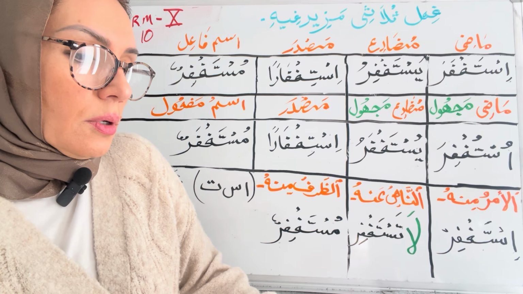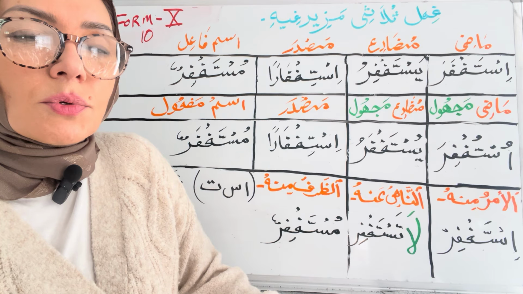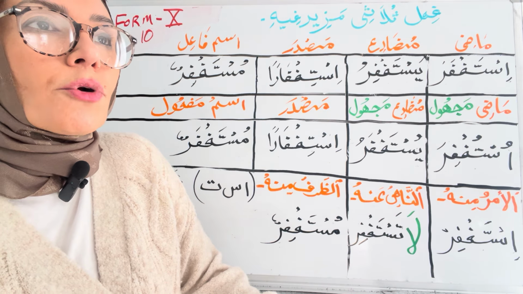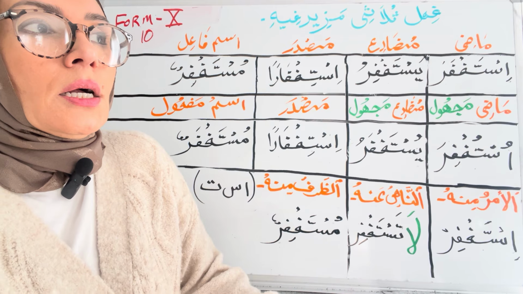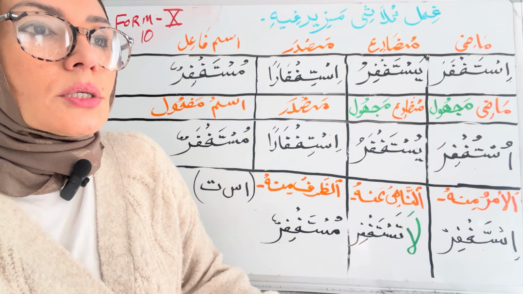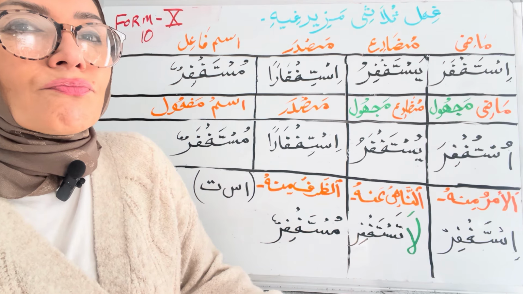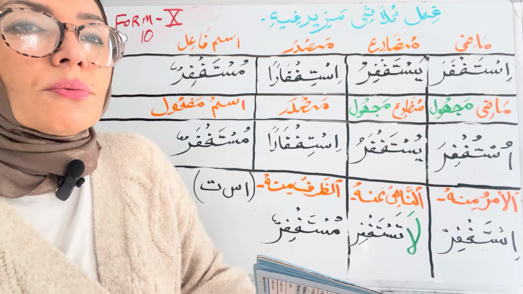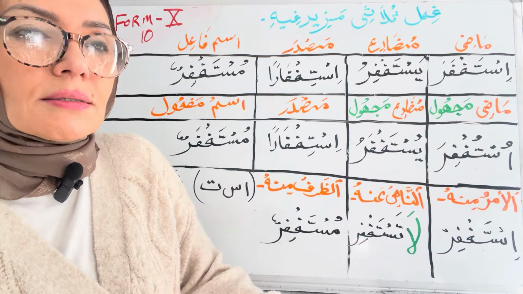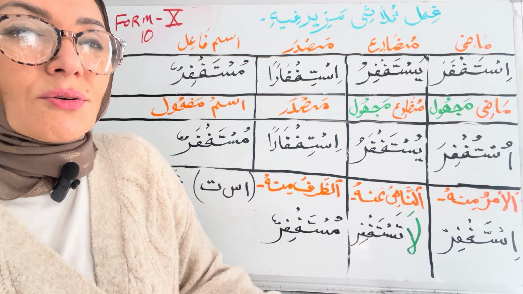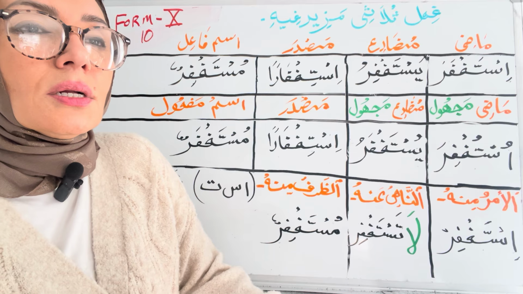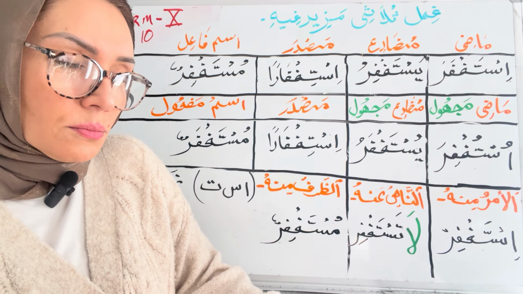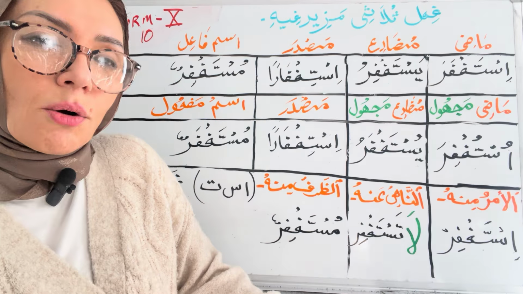Now you might want to be careful with verbs that, remember we talked about mithal, ajwaf, muda'af, verbs like that. Sometimes they start with a hamza, or end with a ya, or start with a wow.